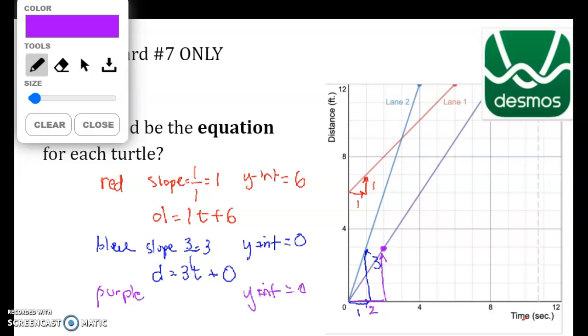The run is 2, the rise is +3. So the slope is 3 divided by 2, which is really the same as 1.5. The equation becomes distance is equal to 3 over 2 t plus, in this case there is no b value, so it's plus 0, or 3 over 2 t.